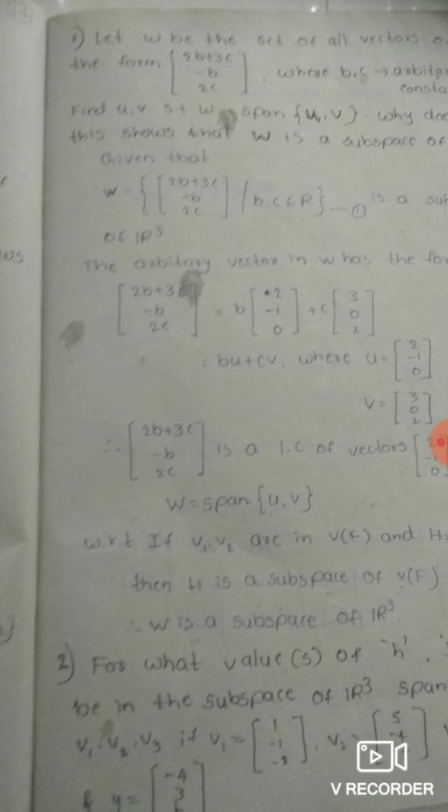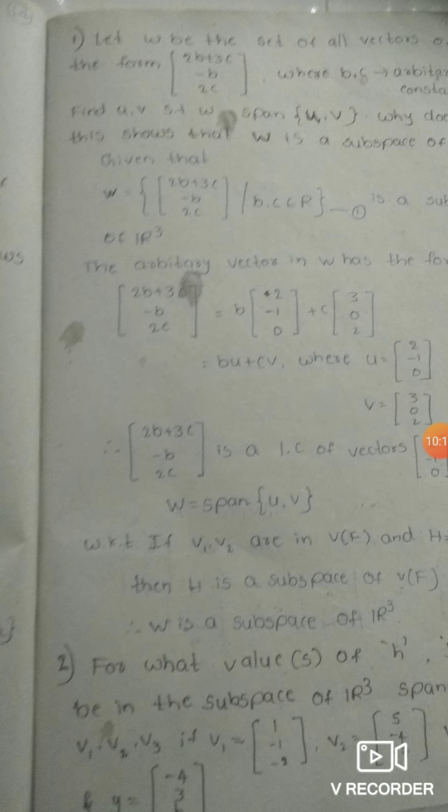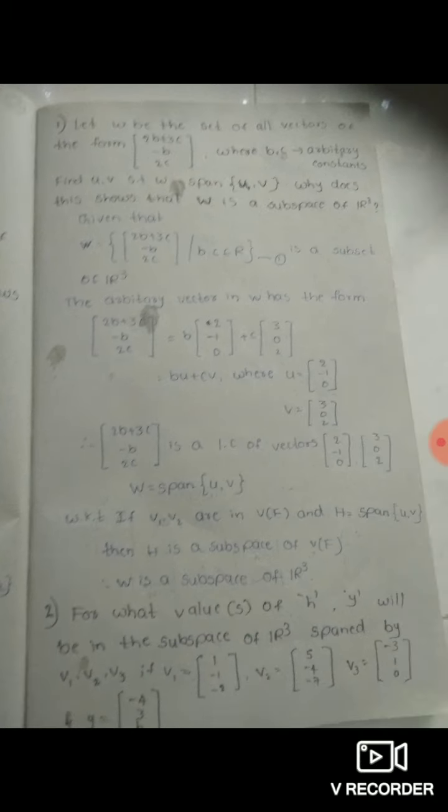Okay, next we go to the next problem. Let H be the subspace of R cube spanned by v1, v2, v3, where v1 equals (1, -1, -2), v2 is (5, -4, -7), v3 is (-3, 1, 0), and y equals (-4, 3, 6).